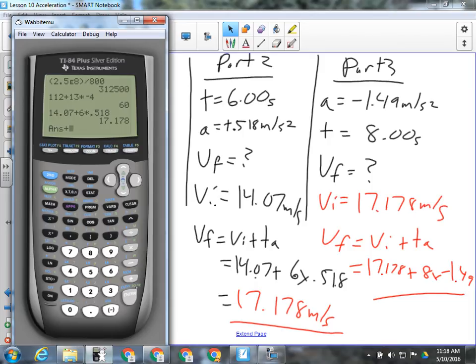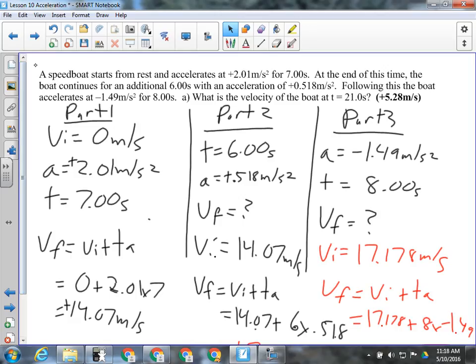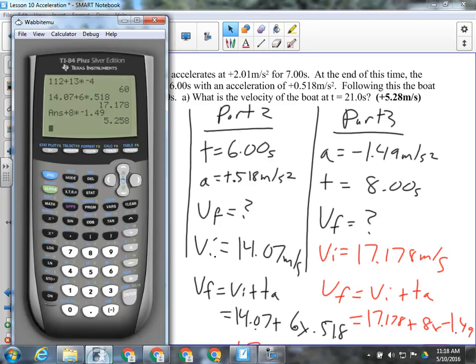So we have a final velocity in part 3 of positive 5 point, what do we have for significant figures there? It's 3, so 5.26 meters per second.